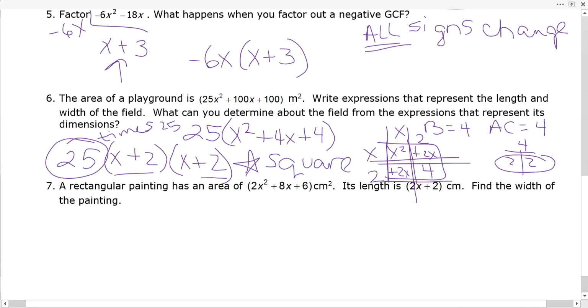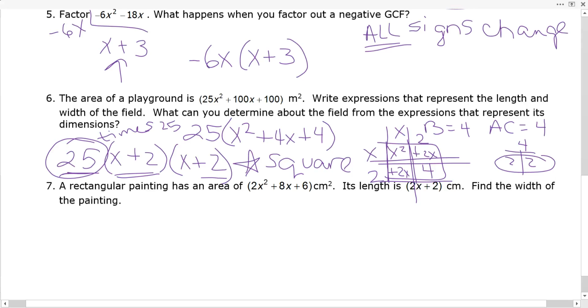So say I knew x was 3, x plus 2 is 5, but really the length of the field isn't 5, it's really 25 times 5. So whatever number I got for x plus 2, I multiply by 25 to get to the real dimensions of the field, if that makes sense.